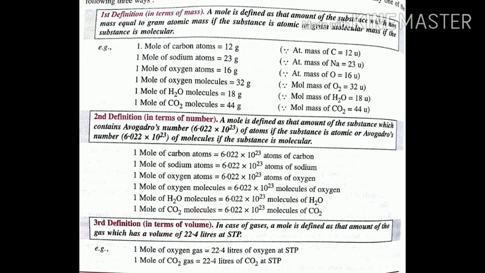It means 44 gram of carbon dioxide will contain 6.022 into 10 raised to the power 23 molecules of carbon dioxide, because 1 mole of a substance is equal to 6.022 into 10 raised to the power 23 atoms or molecules. It depends upon the type of substance, whether we are talking about elements or molecules.